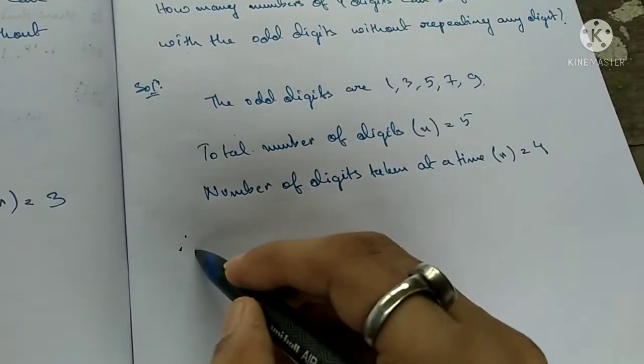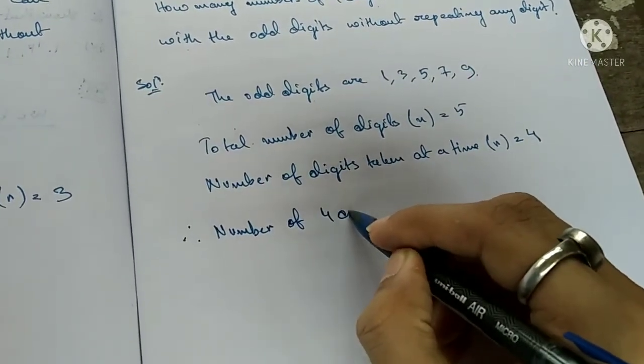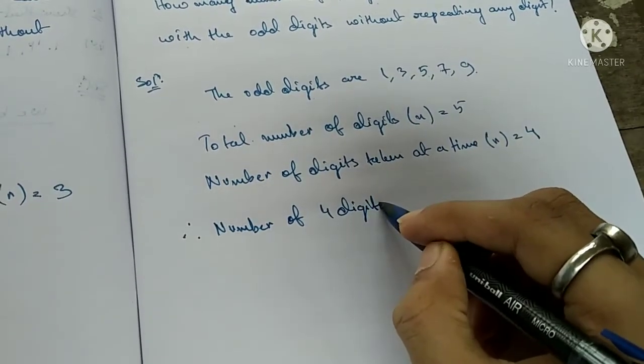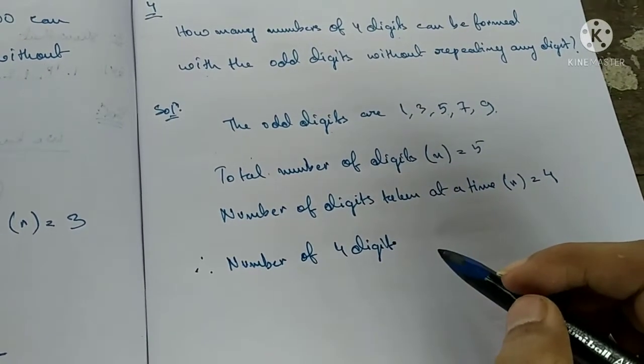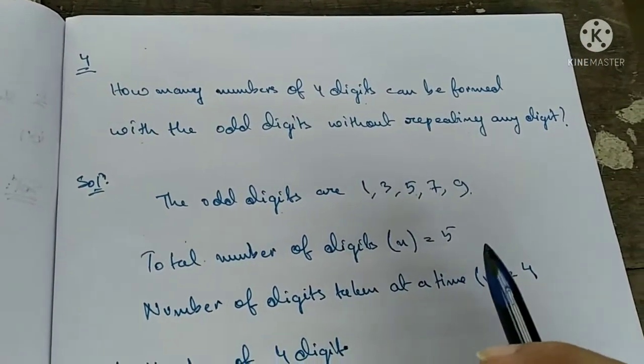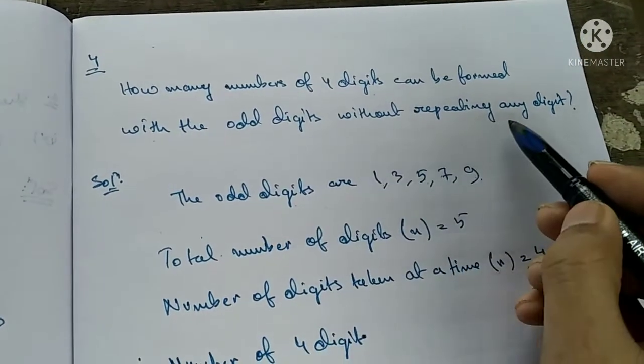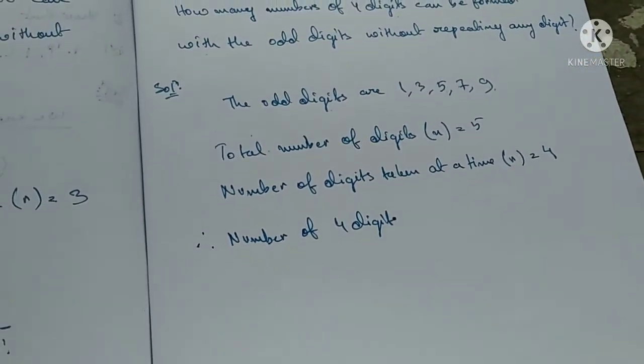So the question is: how many numbers of 4 digits can be formed with the odd digits without repeating any digit?